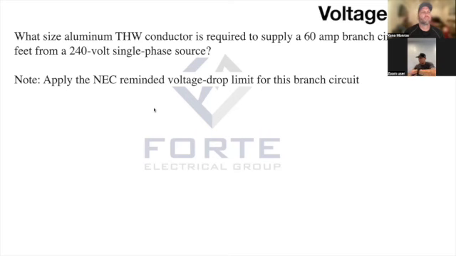They're asking you for circular mils and not voltage drop. And right here it says apply the NEC recommended voltage drop for this branch circuit. This note comes from that statement with 3% and 5%.